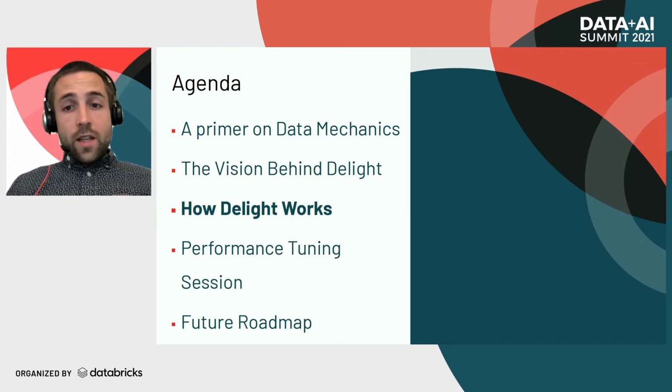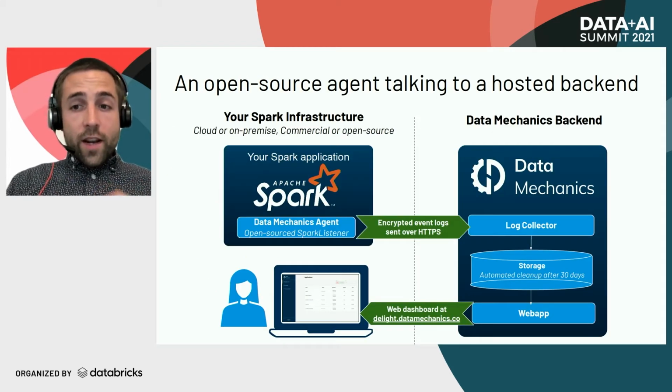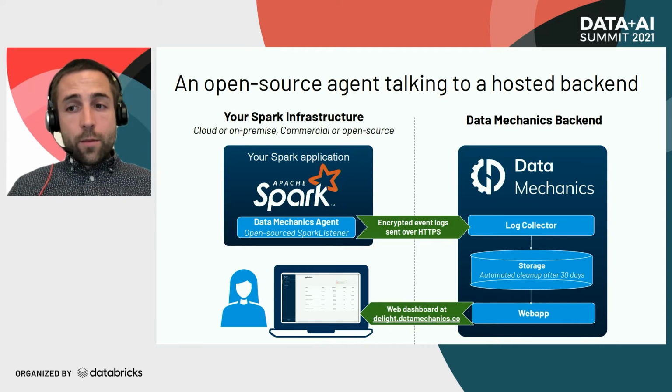So Delight is made of an open source agent running inside your Spark application. It's a jar attached to your Spark driver, which streams metrics to the Data Mechanics backend. The streamed metrics are the Spark event logs. And this is the same information used by the Spark history server to render the Spark UI.